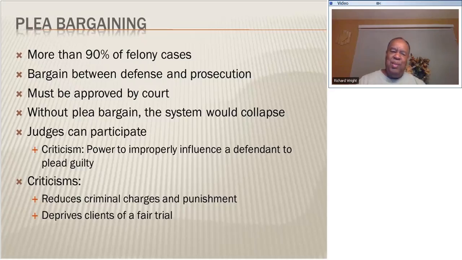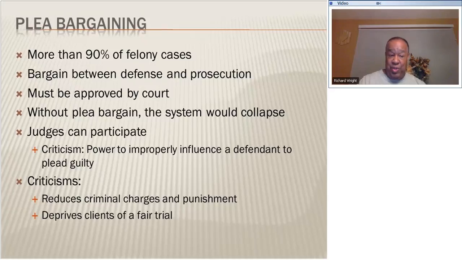And so there are times when individuals plead guilty and it can come back and haunt them. Never in my years that I represented anybody did I force anybody to accept a plea.